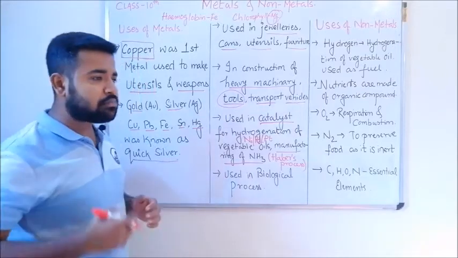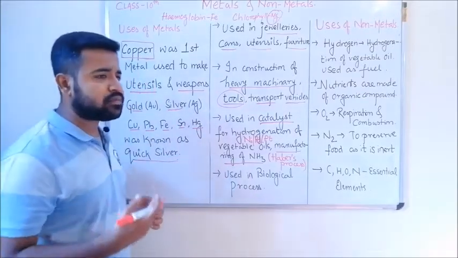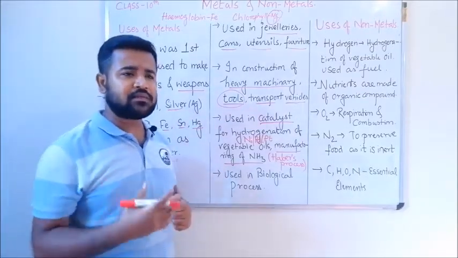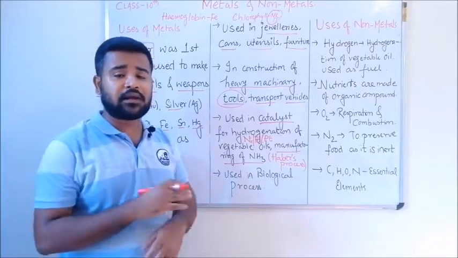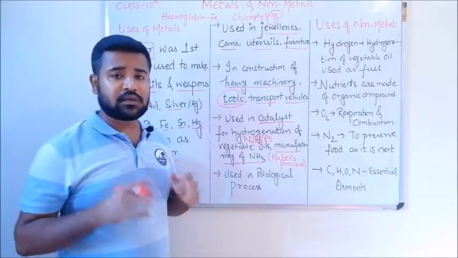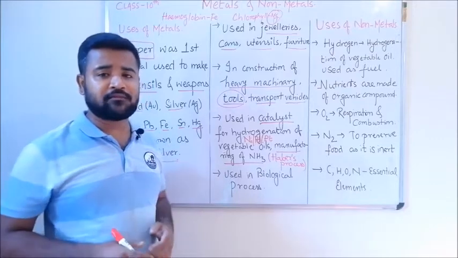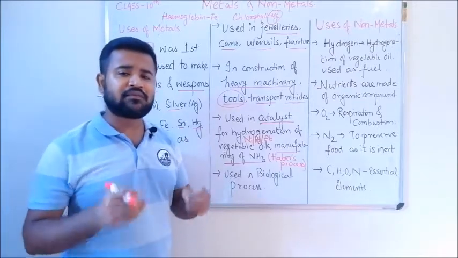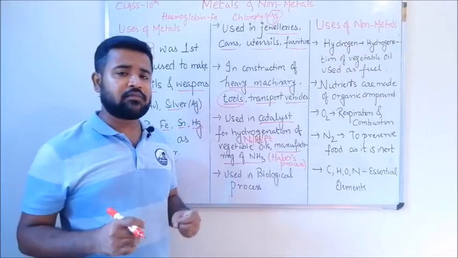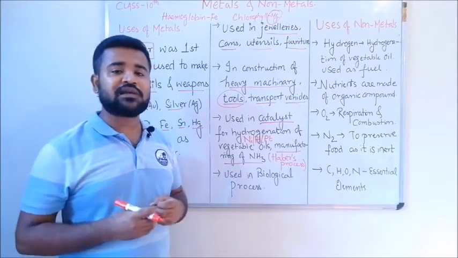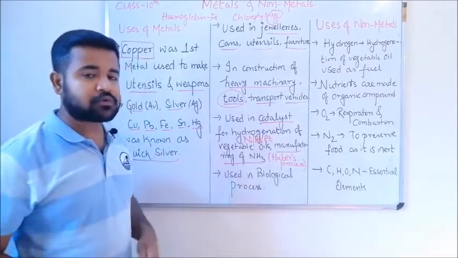Similarly, there are many more biological processes. For example, potassium is there, calcium is there. Calcium is an important part of our bones, because our bones are made up of calcium. Our tooth enamel is also made up of calcium. Similarly, potassium is used in the transportation of signals in our biological processes.